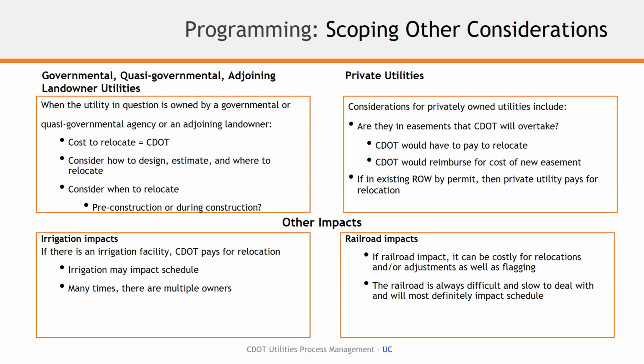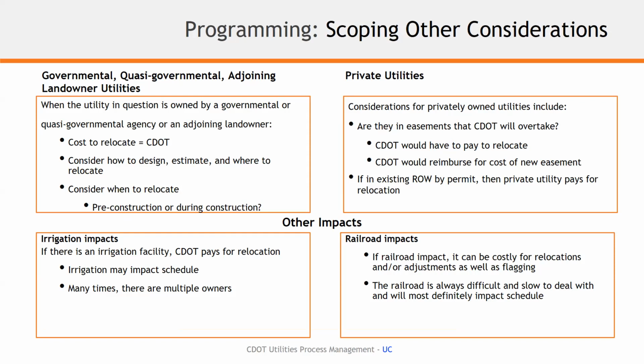Private utility considerations include, are there any easements that CDOT will overtake? That's important because a private utility within an easement is eligible for relocation costs to be reimbursed, and also replacement easements for them to move if they so choose.